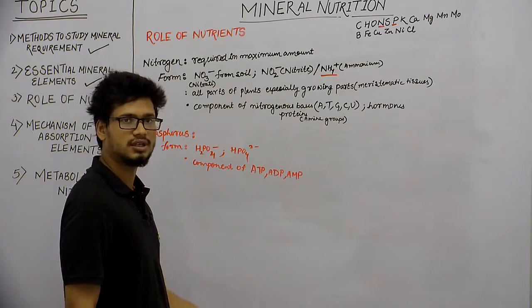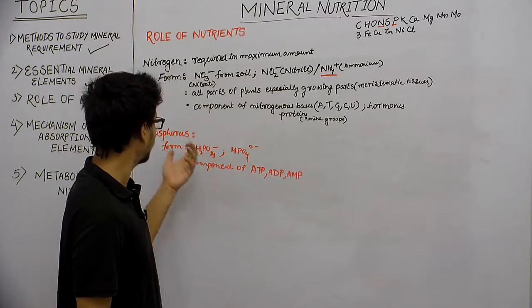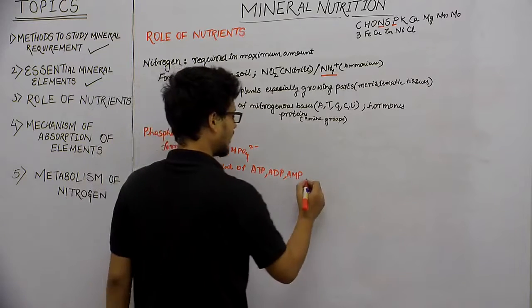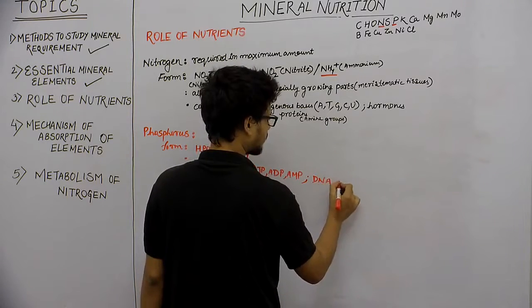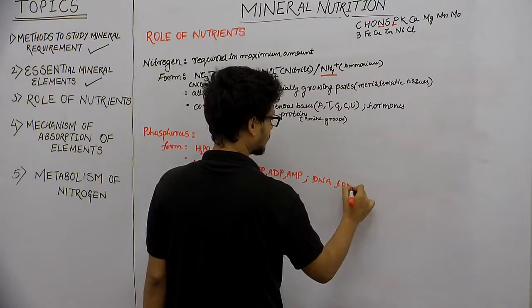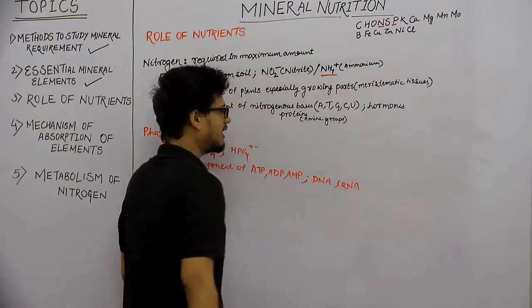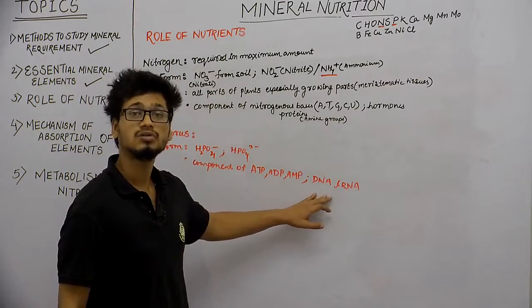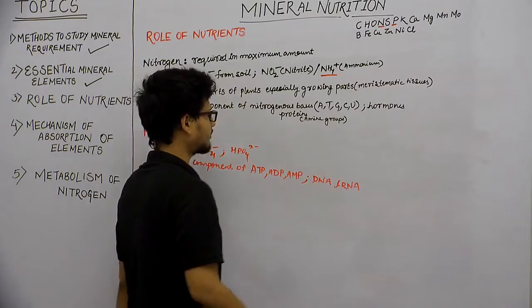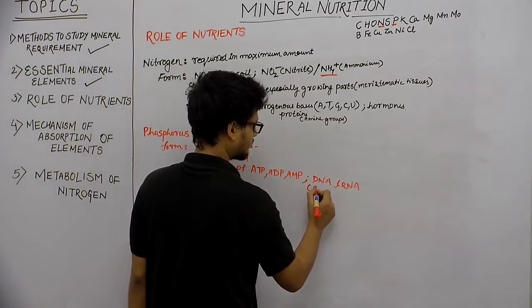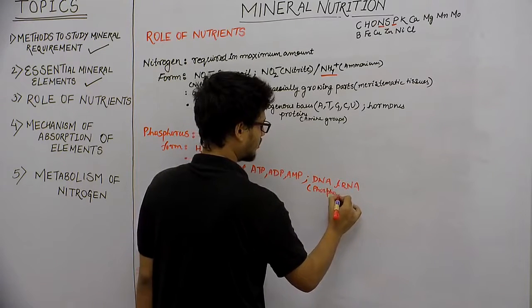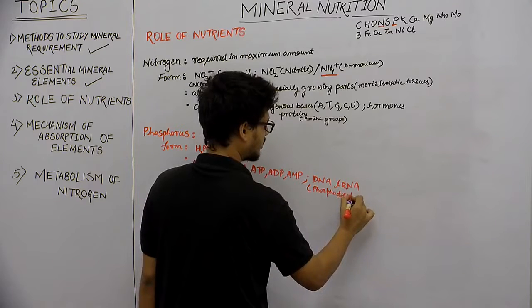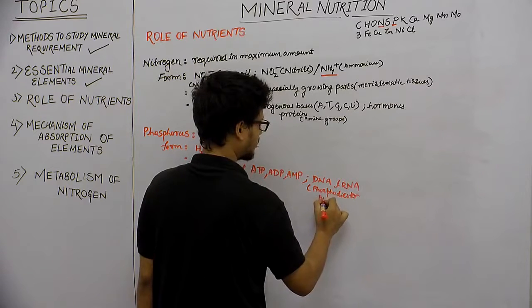These are energy rich compounds and phosphorus has a very important role in this. Then we talk about DNA and RNA. In DNA there are phosphodiester bonds present.